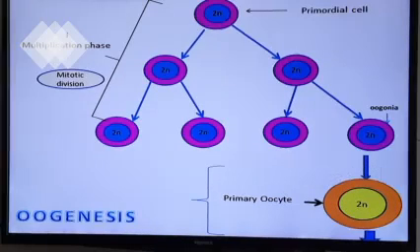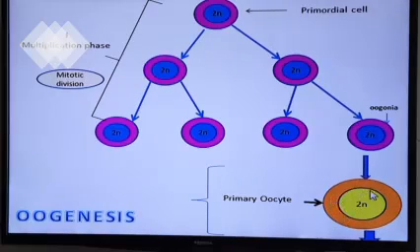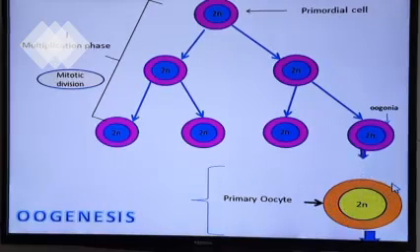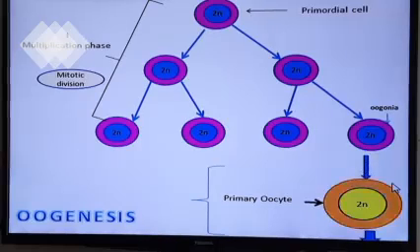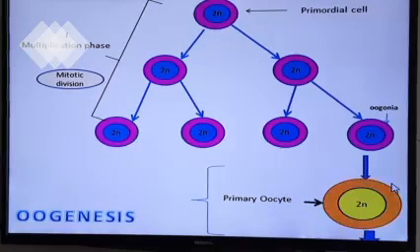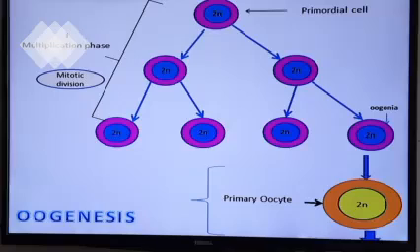Here, the hormone acting is FSH, follicle stimulating hormone. By the action of follicle stimulating hormone, this oogonium grows and becomes the primary oocyte. It grows in size, so growth is here. So the next phase is the growth phase.